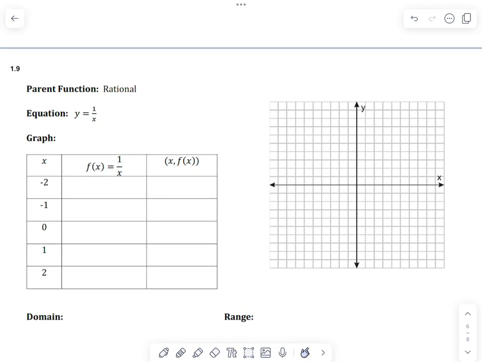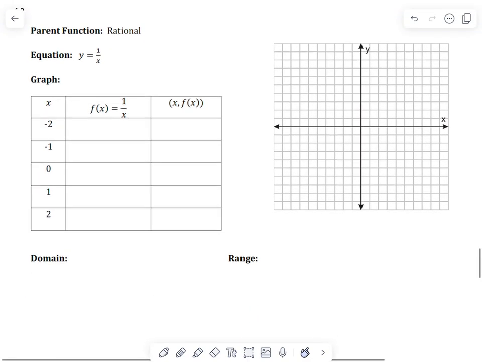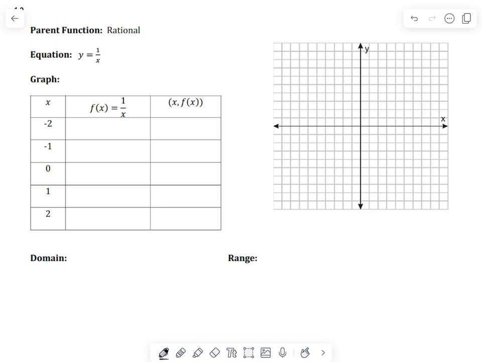Rational function. I'm going to go ahead and put our restrictions. We're going to have what we call asymptotes along the x-axis and the y-axis.